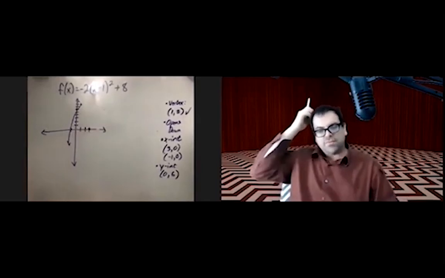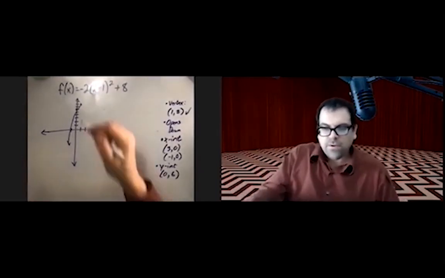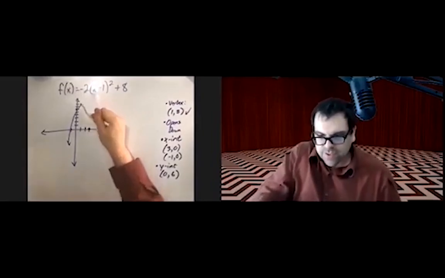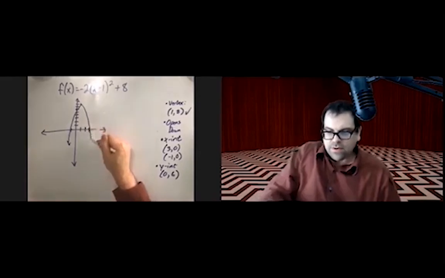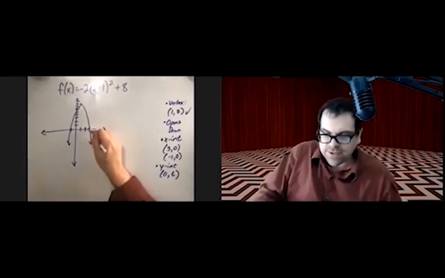So that left side of the parabola looks like that. The right side of the parabola is going to be a mirror image. It's going to come down and go through this other x-intercept.